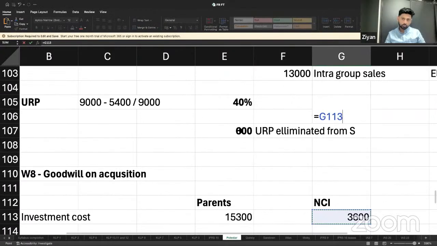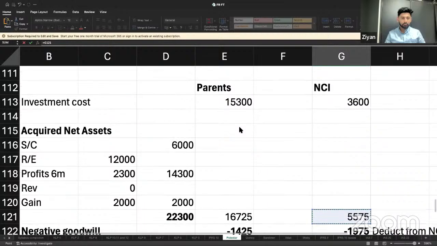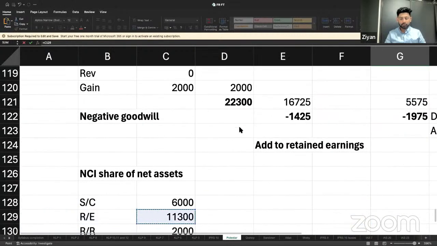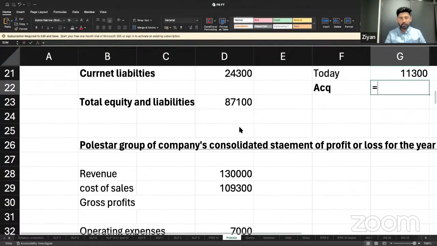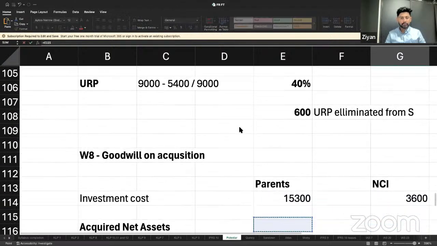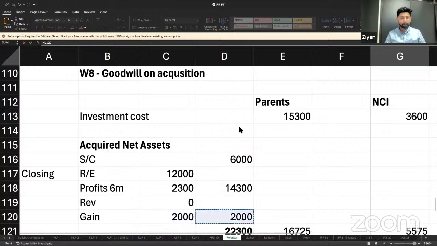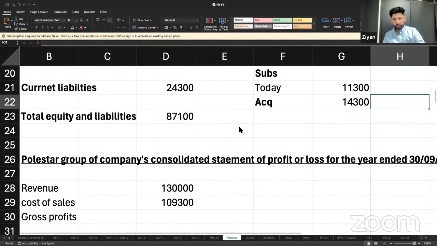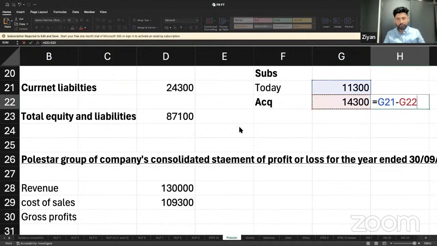Today, you can come down to NCI, 11,300. At acquisition, you can come down to goodwill, 14,300. So equals this minus this into 75%.